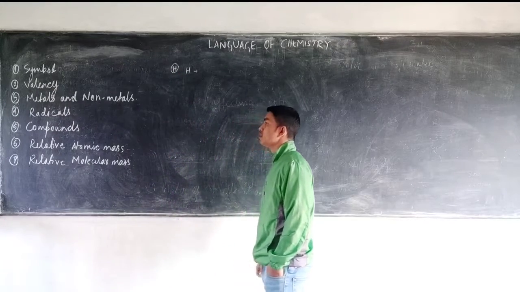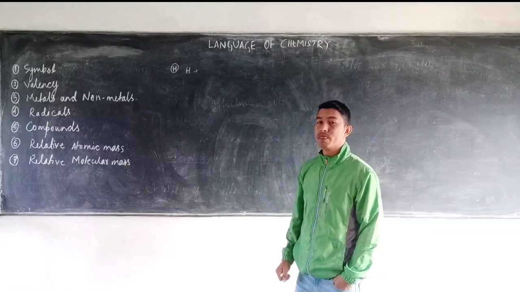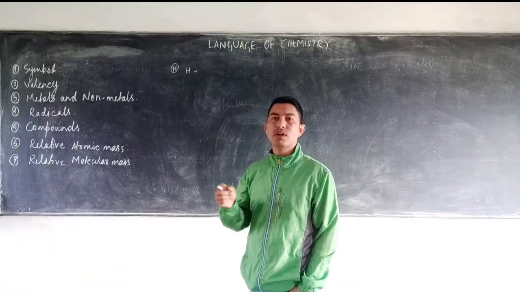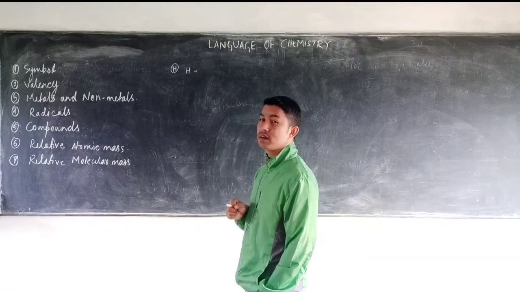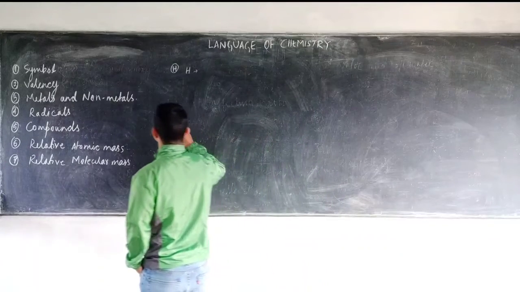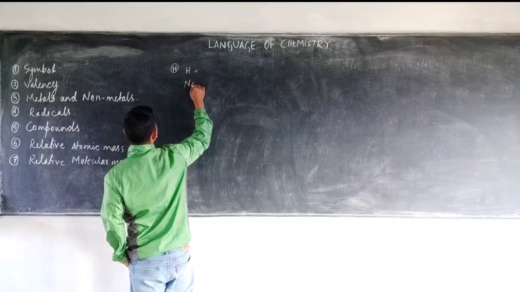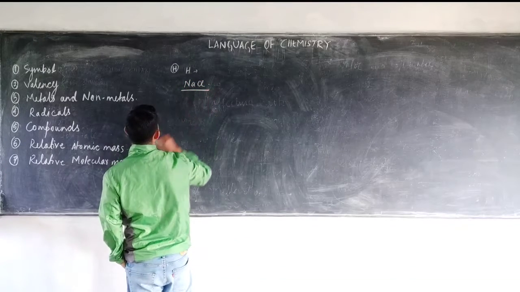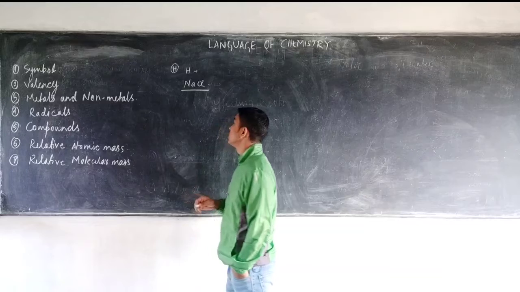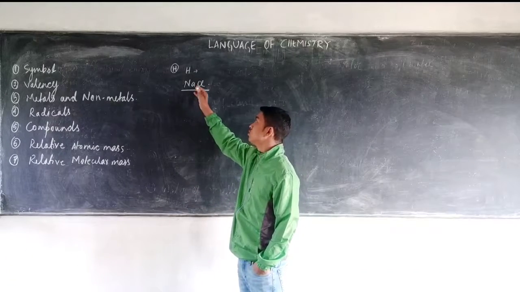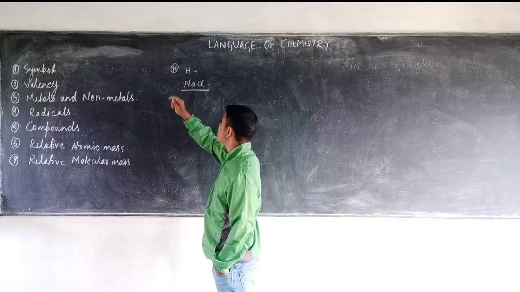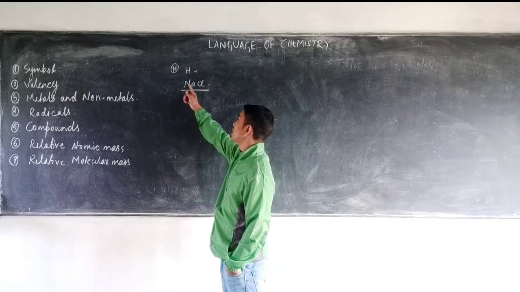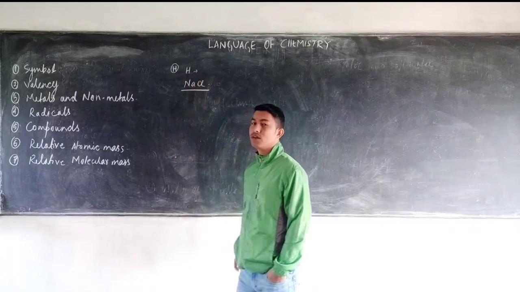Similarly, we have the chemical formula also. The chemical formula is the symbolic representation of the name of the compound of a given substance. Like if I have sodium chloride and I write NaCl, what does it represent? It represents the name of a compound, that is sodium chloride. It also tells us that one molecule of sodium chloride contains one atom of sodium and one atom of chlorine.